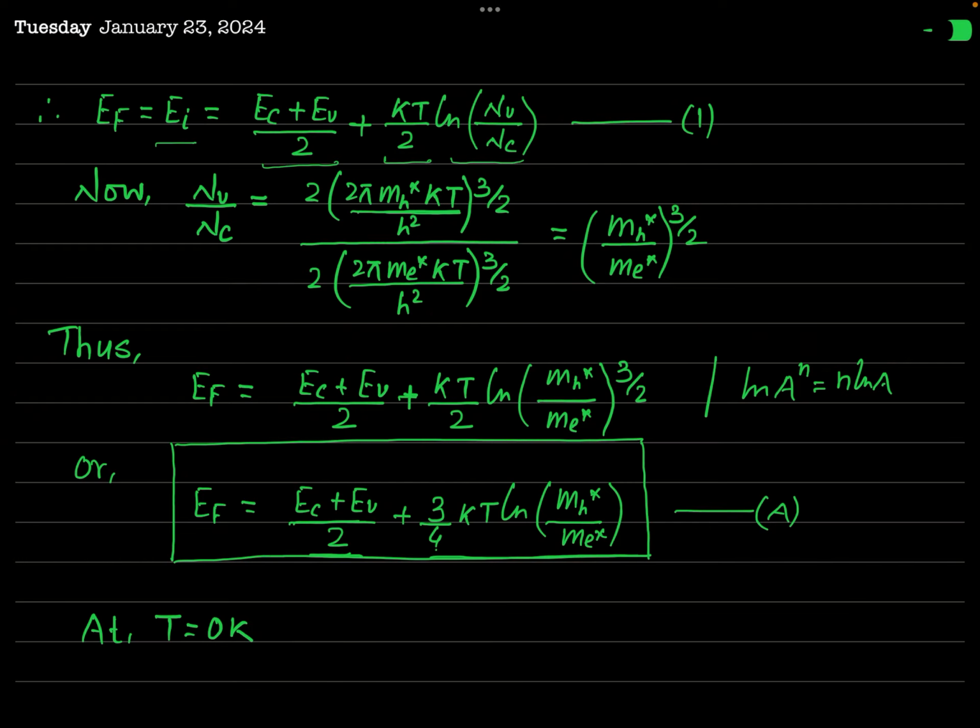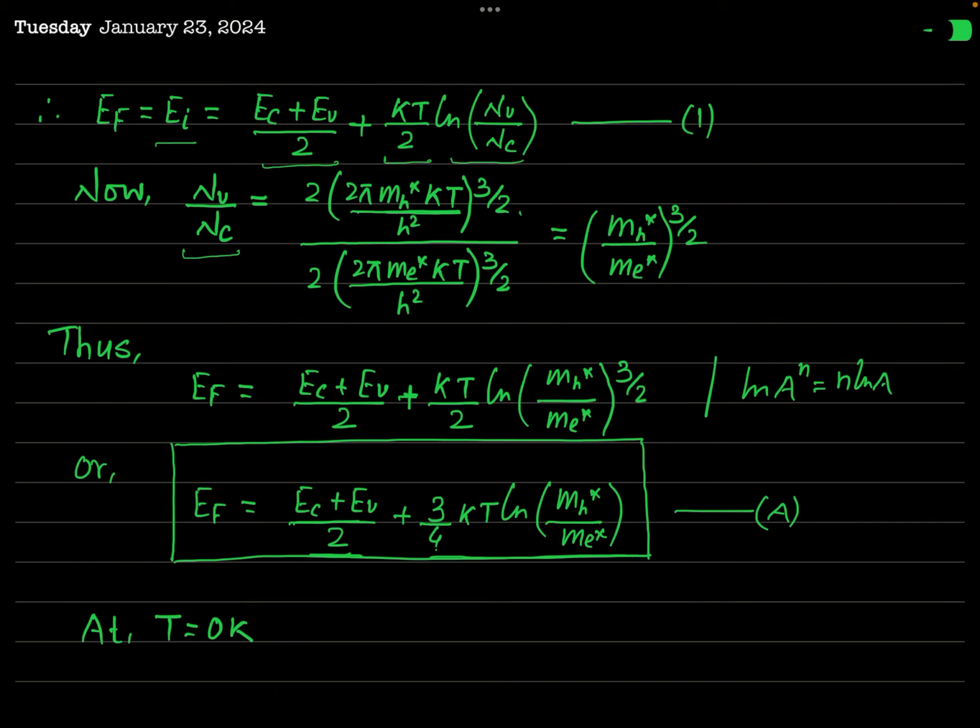This is the expression for the Fermi level in case of an intrinsic semiconductor in terms of the effective density of states Nv and Nc. So using the expressions for Nv and Nc, now we can find the value of Nv over Nc in terms of the effective mass of holes and electrons.